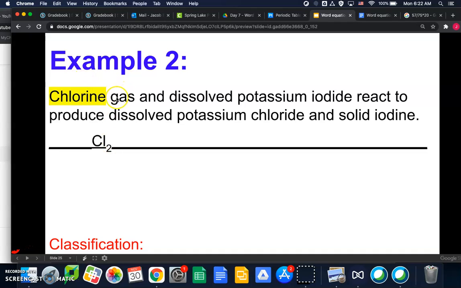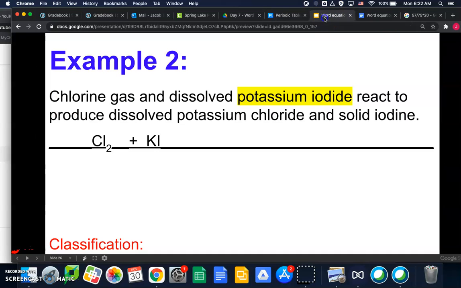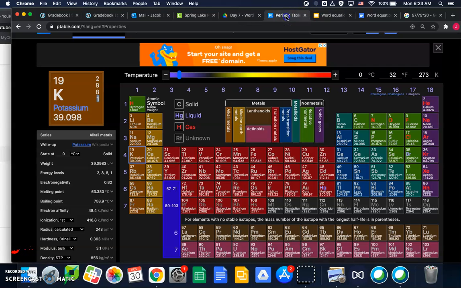And chlorine gas, and then it looks like dissolved potassium iodide. So KI. So we should check the charges on there. Potassium has 1 valence electron. It'll lose that electron to form a +1 charge. Iodine has 7 valence electrons.